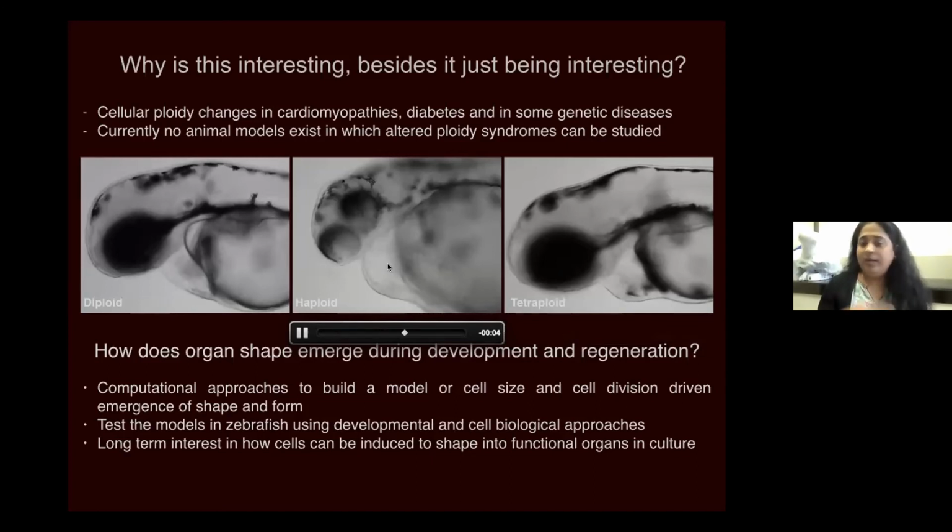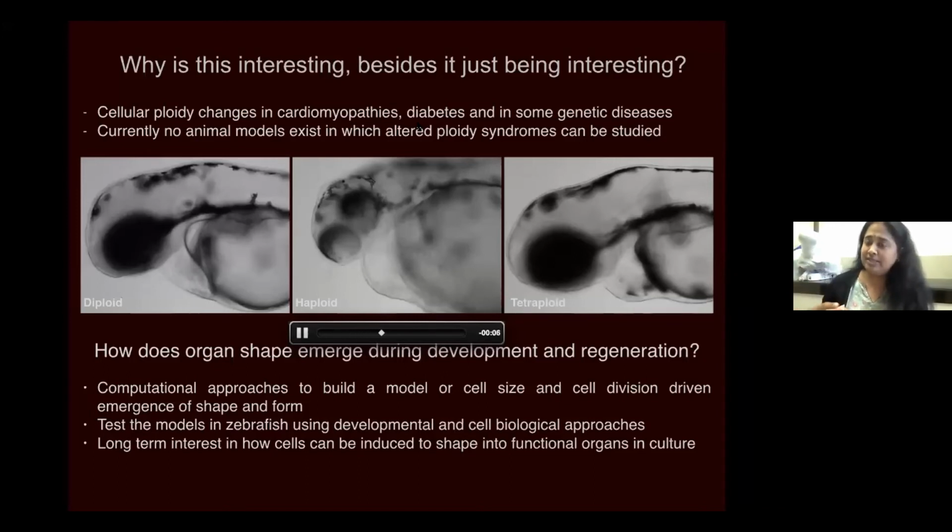And one direct way this maps to is that in cardiomyopathies, the ploidy of the cardiomyocyte changes, either because the individual has hypertension or is diabetic. The modal ploidy of cells does change. It's also known that the modal ploidy of megakaryocytes, which are stem cells that give rise to platelets, changes in a diabetic individual.